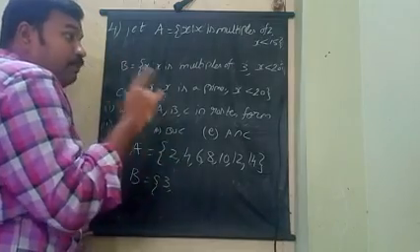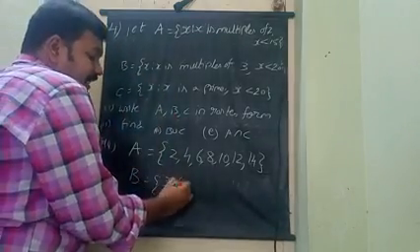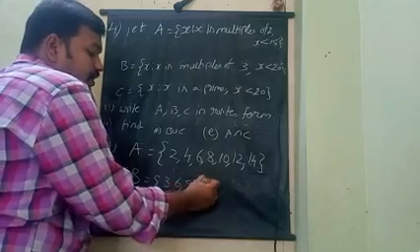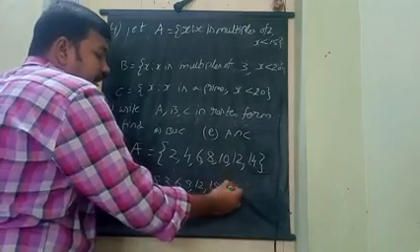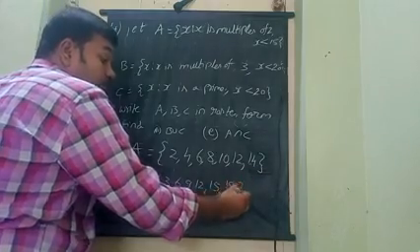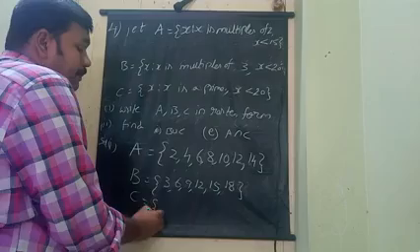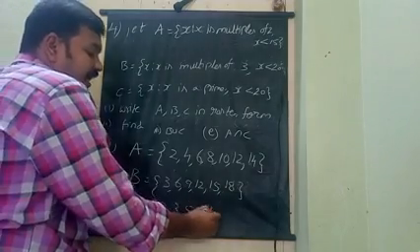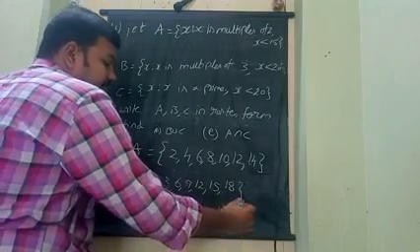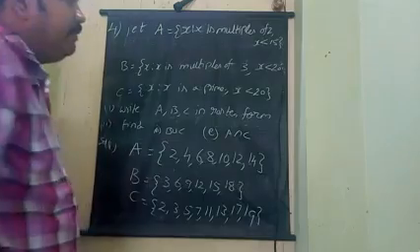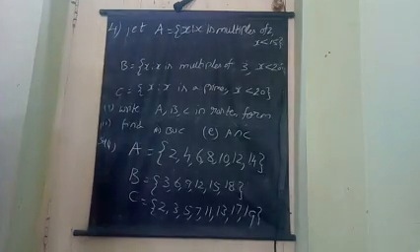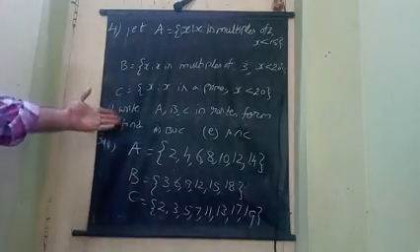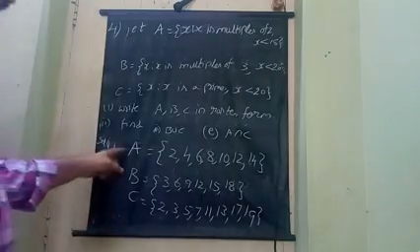That means not up to 20: 3, 6, 9, 12, 15, 18. Next one is 21, so no need to write. C is equal to the prime numbers 2, 3, 5, 7, 11, 13, 17, 19. These are the prime numbers we have. So writing all these is called roster form. This is the answer for the first part.